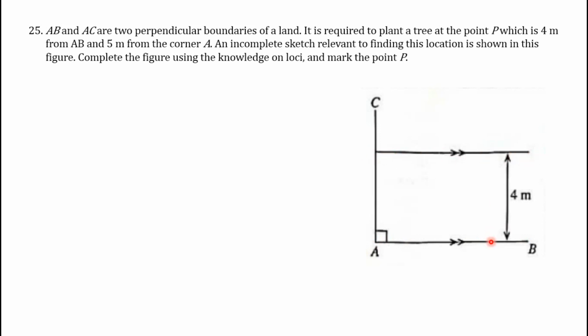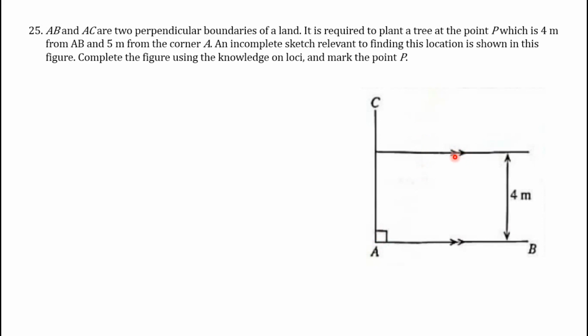That's why it's parallel to this, because if you take this point, it should be 4 meter. If you take this point, it should be 4 meter. If you take this point even, it should be 4 meter. And they are saying from here it should be 5 meter. Using the compass and a ruler, you should measure 5 centimeter, and you should keep the point of the compass on this point, which means on the corner A, and you should measure 5 centimeter using the ruler, and you should draw a small arc that intersects this line.